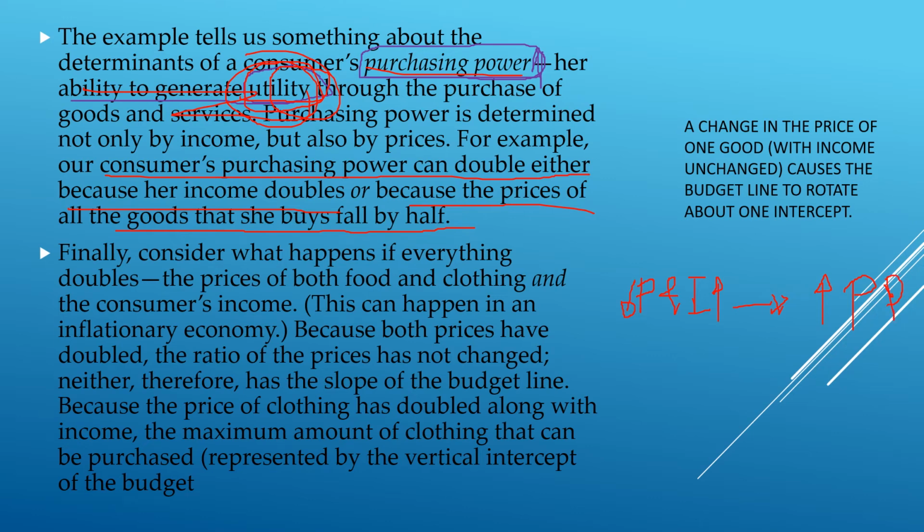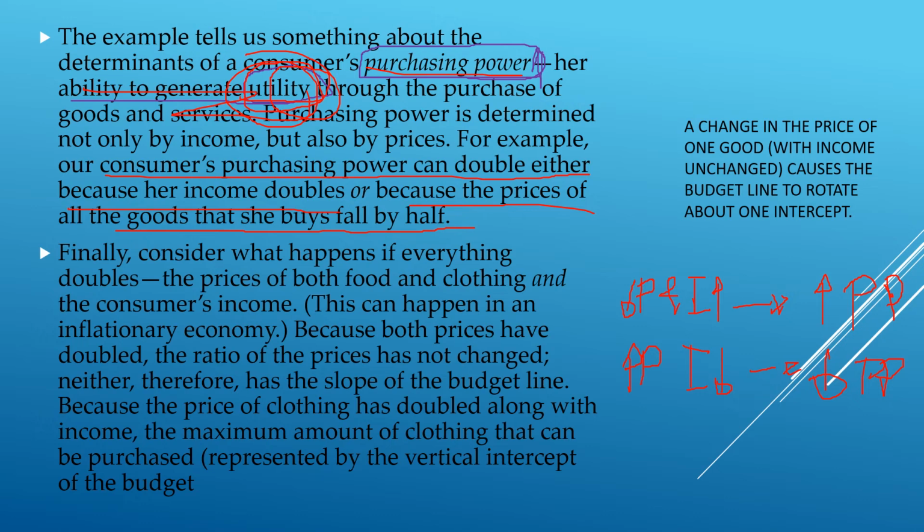In the other way, if the prices of the product increase and your income decreases, then your purchasing power decreases. Your ability to avail goods with your given income decreases. That's what the purchasing power means.